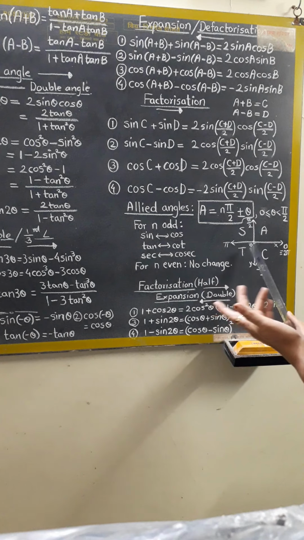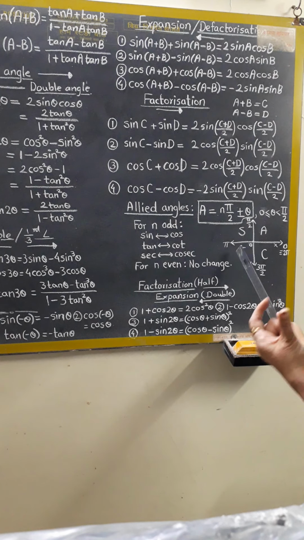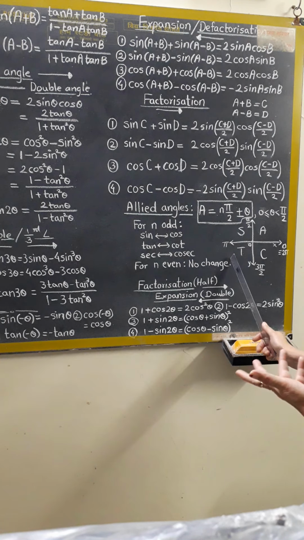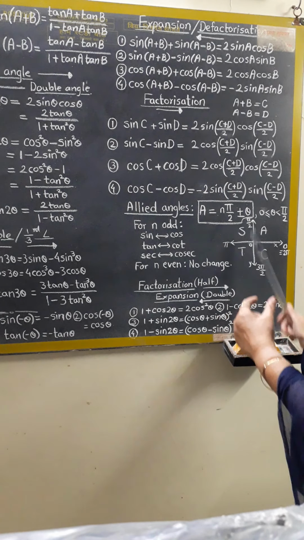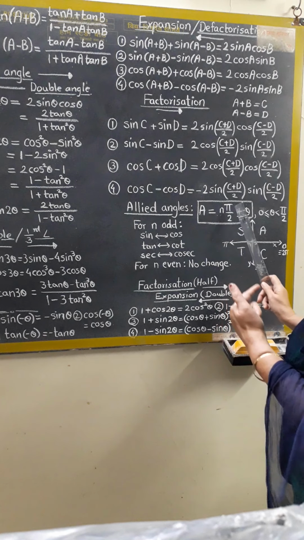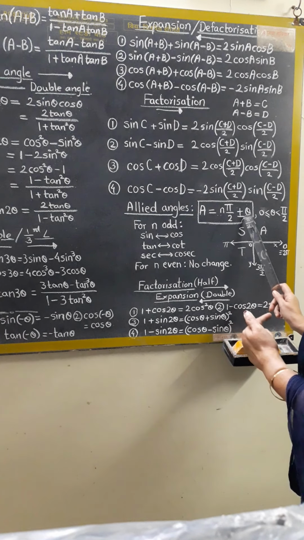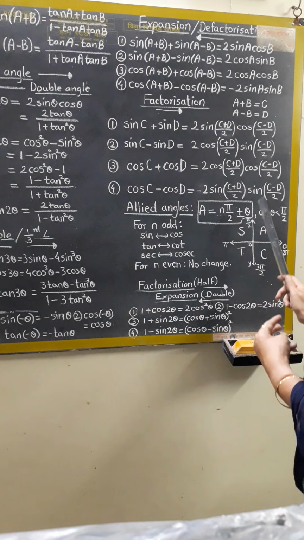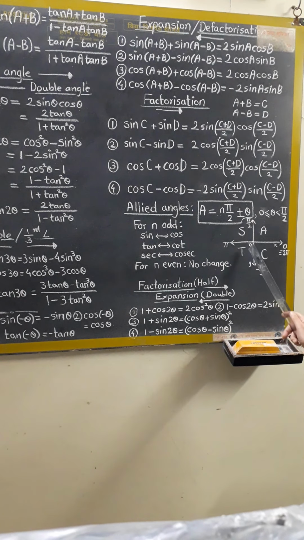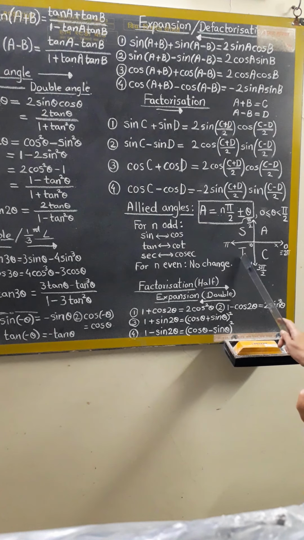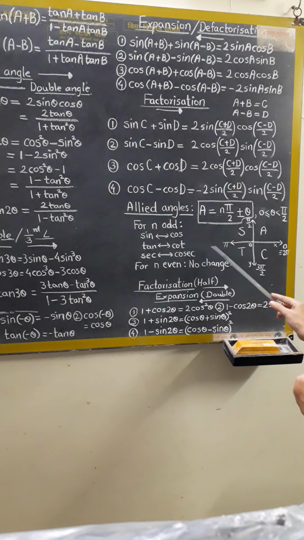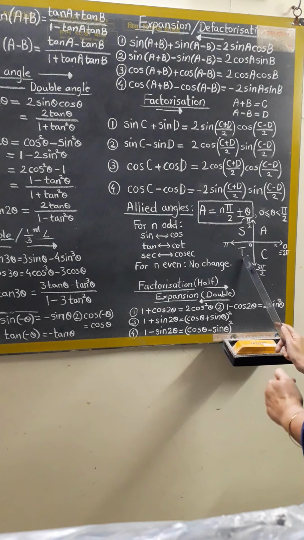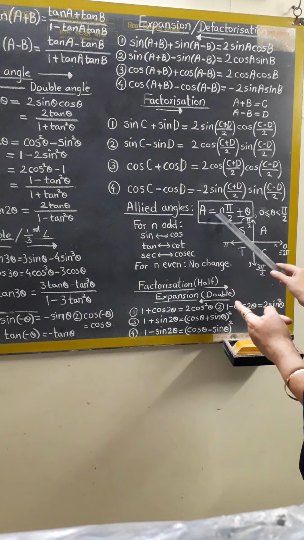But if they ask me what is cos of 260 degrees, then I can write cos of 260 degrees as cos of 3 times 90 degrees minus 10 degrees. And since 260 is lying in the third quadrant, cos ratio is negative. So I assign the minus sign there, and then I go to the n.